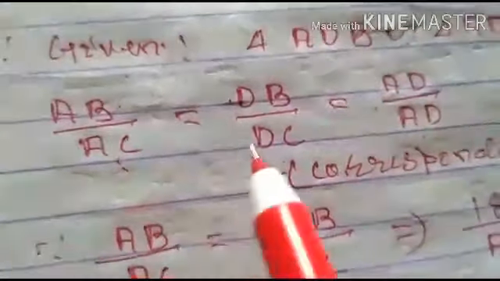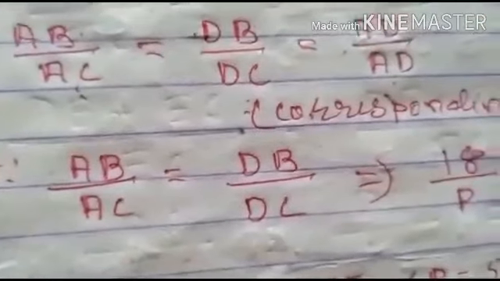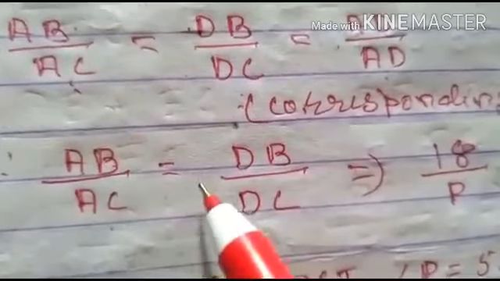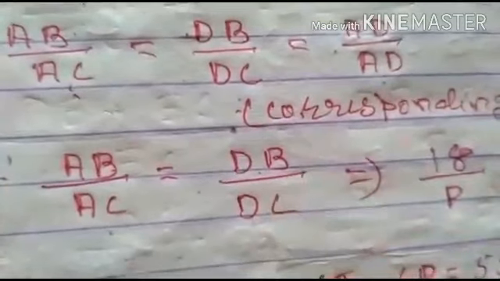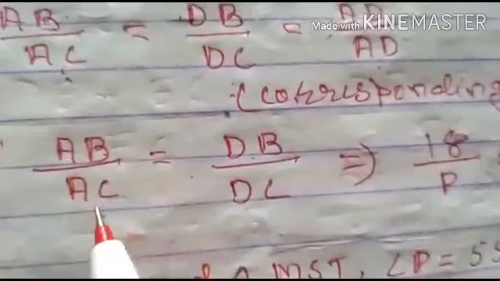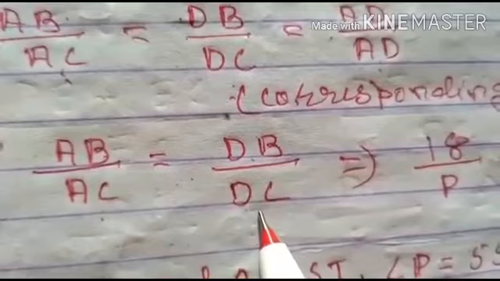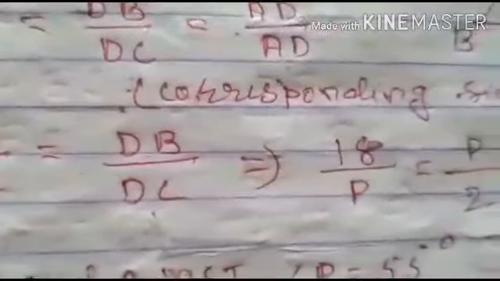Now we take the two ratios at a time. So here we are taking AB by AC equal to DB by DC, and now substitute the values.